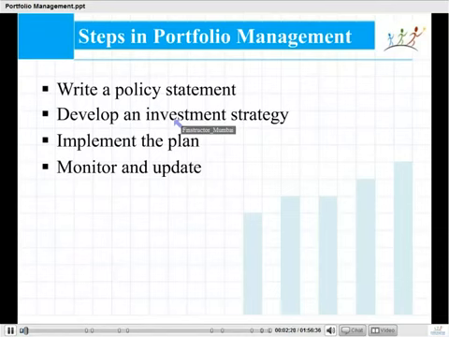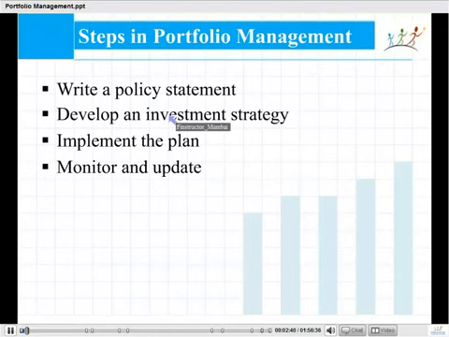Once you have developed the strategy, implement the plan, that is actually purchase assets and invest the client's money, and monitor and update the strategy as to if it's performing according to expectations, if investor circumstances have changed, if there is any tweaking or any realignment of the portfolio that needs to be done.